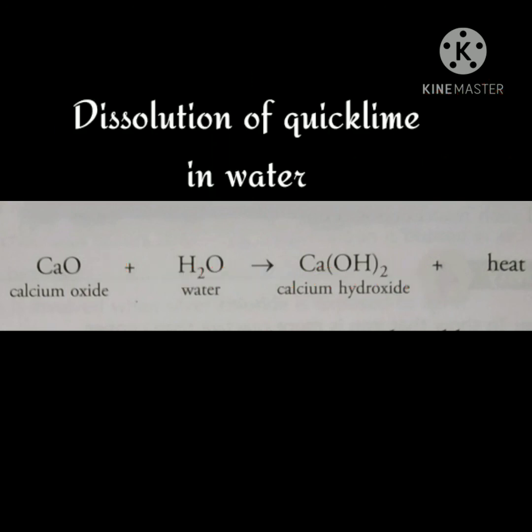So see this example: calcium oxide plus water gives out calcium hydroxide plus heat. That means heat is produced. You can use a delta sign here. So it is obviously an exothermic reaction in which heat is produced. Calcium oxide is also known as quicklime. So this reaction can be termed as dissolution of quicklime in water.